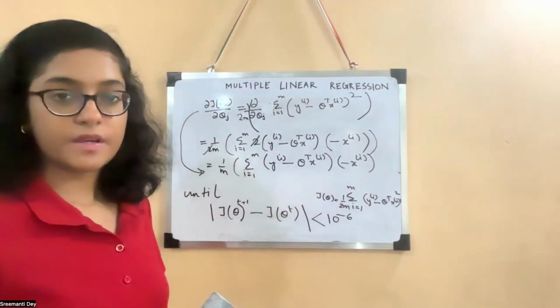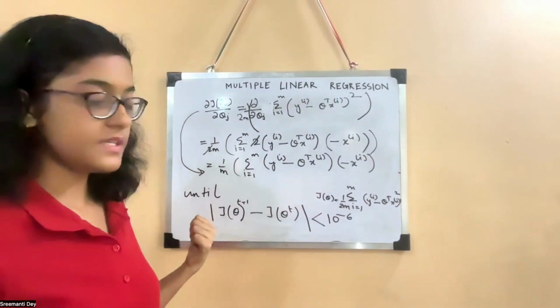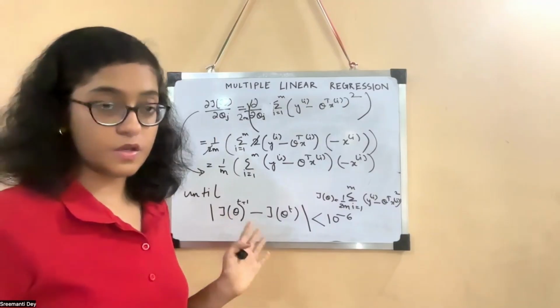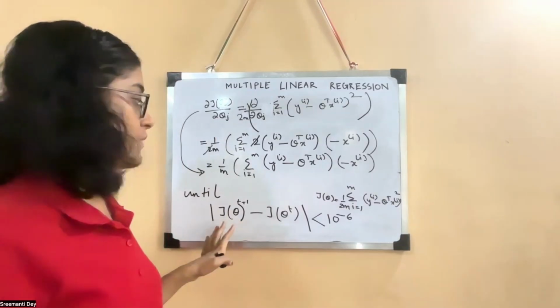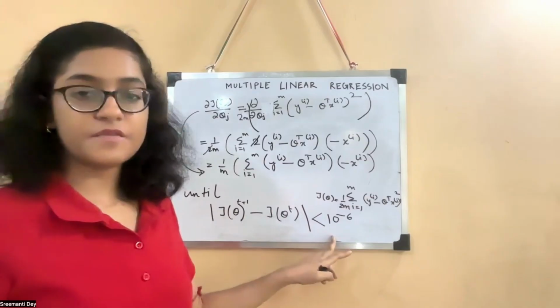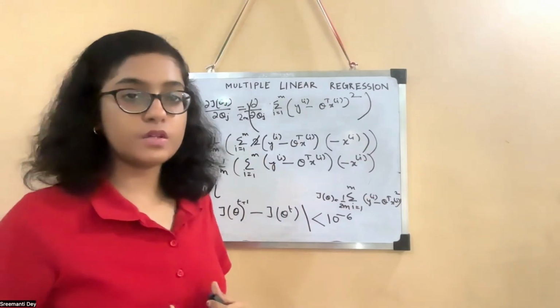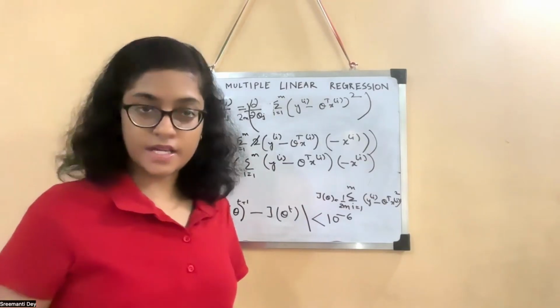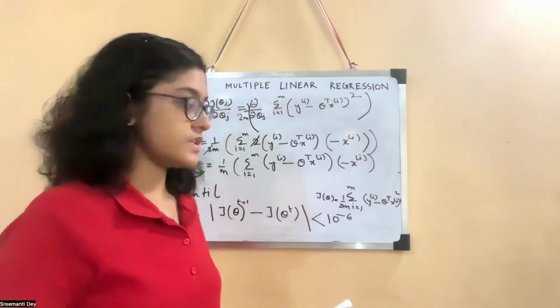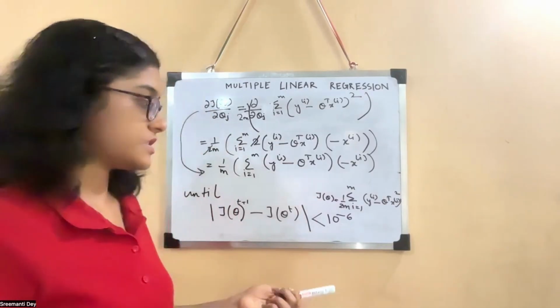What do I mean by this? Whenever the difference in the losses or the cost function, whatever you call it, is very small, it's not changing by much. So we know that training is stable and we have reached convergence. It's not going to change anymore.